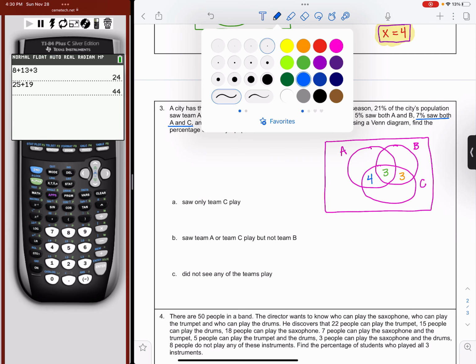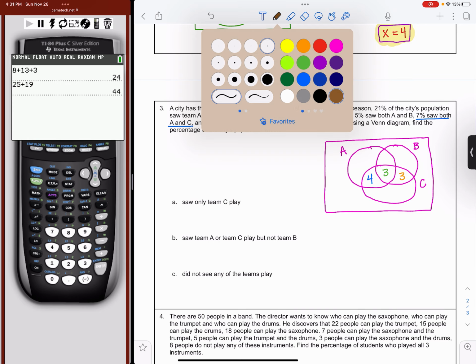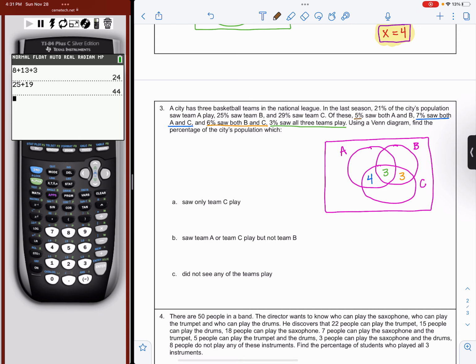Then it says that we have 5% that saw both A and B. A and B cross here, and I already have 3, so 5 minus 3 is 2, so there were 2% who saw teams A and B only.